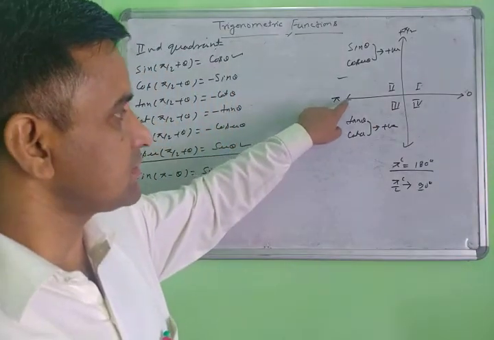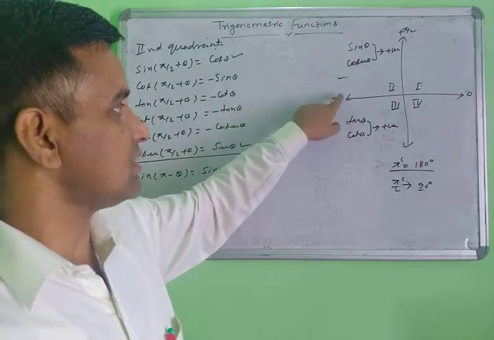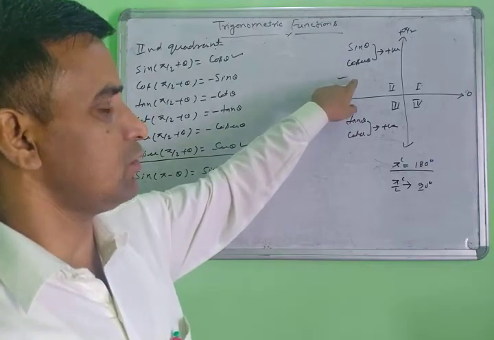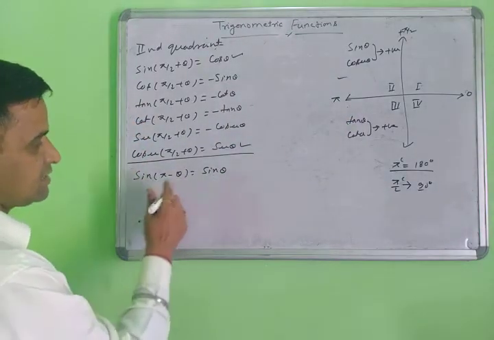So you are subtracting something from pi, then you are going again to the second quadrant. You are subtracting something from 180 degree, then you are going into the second quadrant. The sin(pi minus theta) is sin theta.